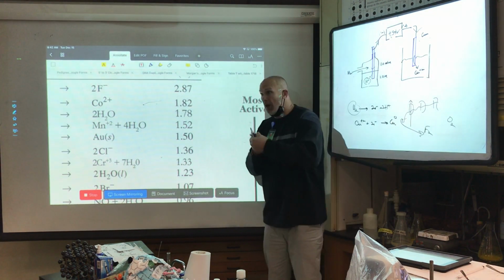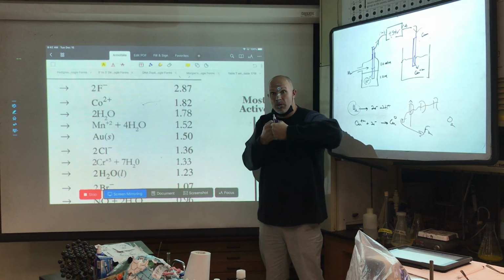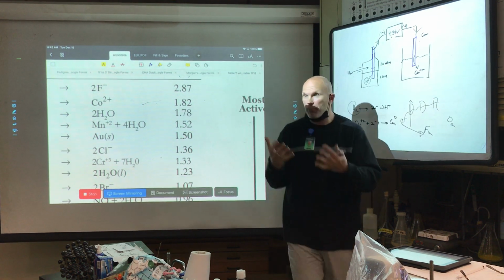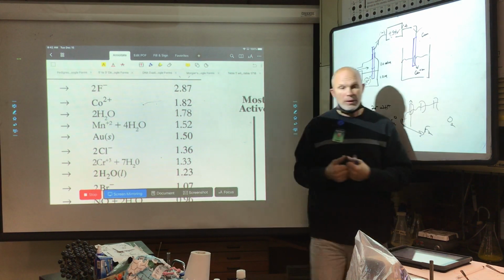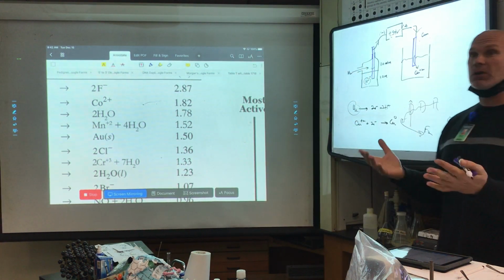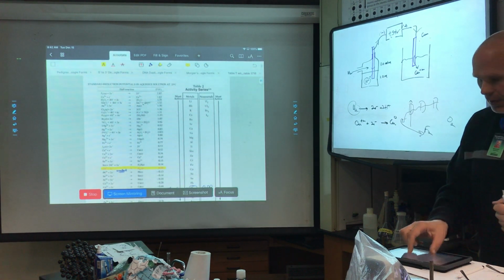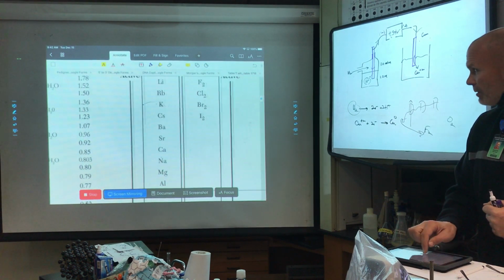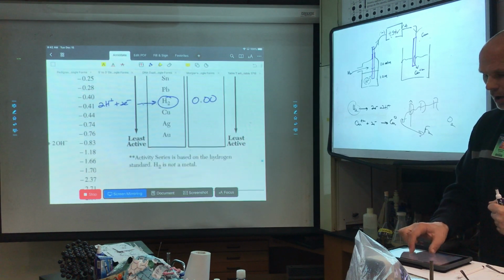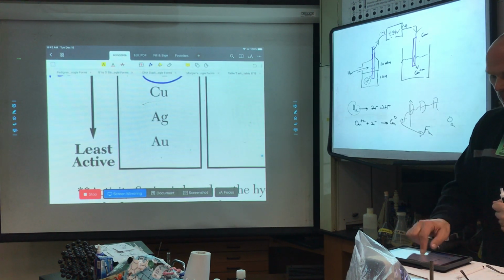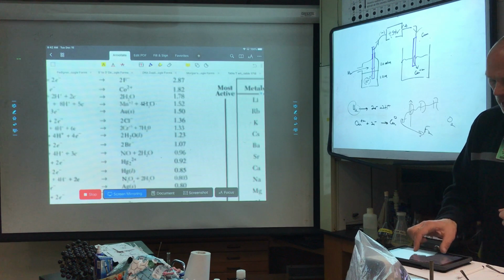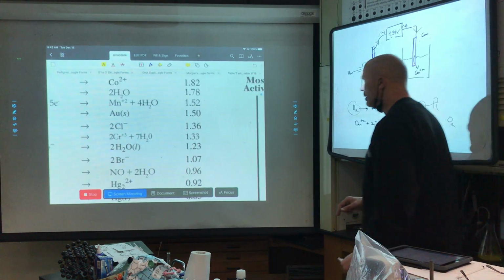Gold resists oxidation. That's why we put it on connectors and electronic equipment. We know it's not going to rust in the presence of normal compounds. Okay? And of course, that's why everyone loves gold. It stays shiny. It keeps its luster. Okay? So if you look at this list, going in reverse, who's on the bottom? Gold. Who's second? Silver. Look at this list. Hey, who's on top? Gold.